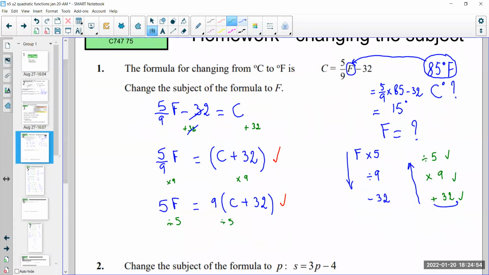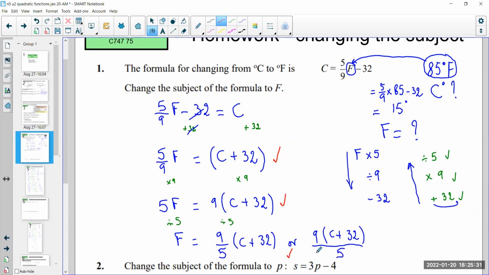And to divide by 5, you just write f equal 9 over 5 (C plus 32), or I've seen other people giving me 9(C plus 32) over 5, so that's the same thing, dividing the whole thing. So you get the same mark whether you give it like that or like that. Okay, so that's your third mark.